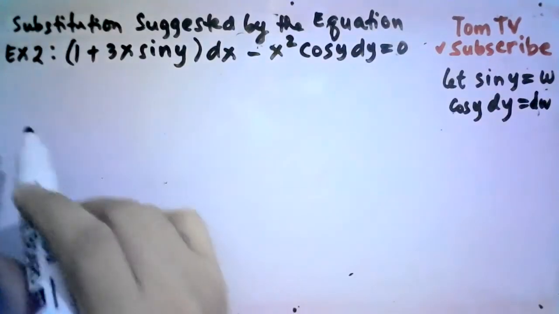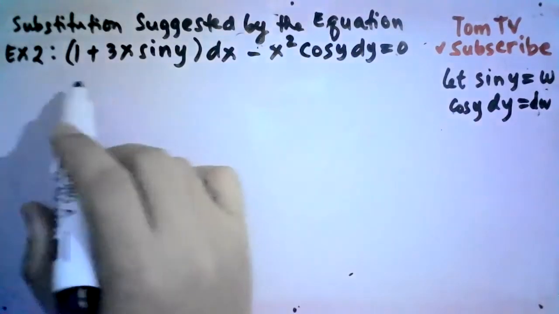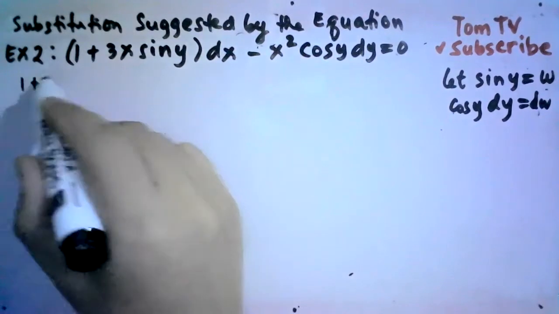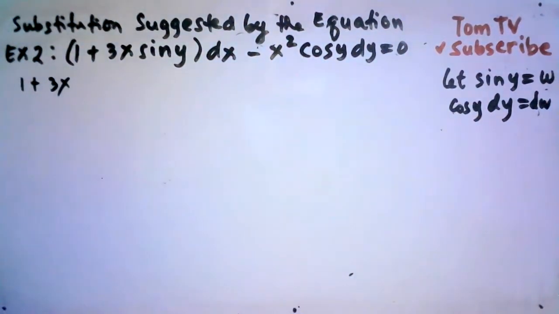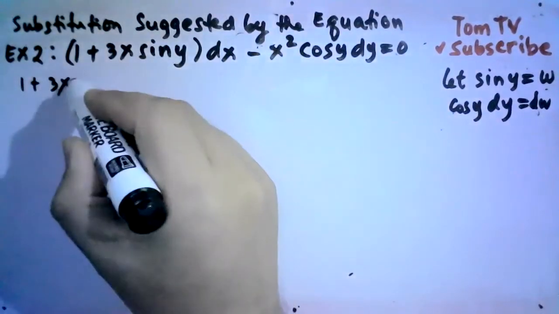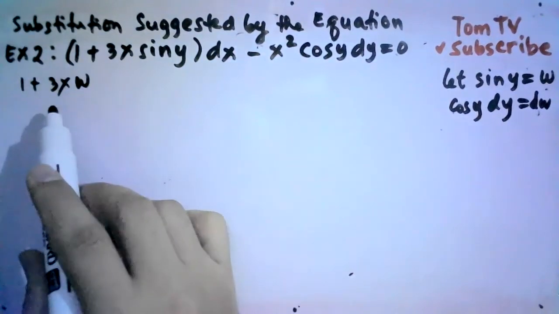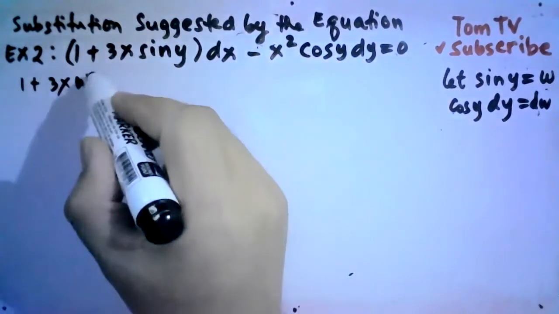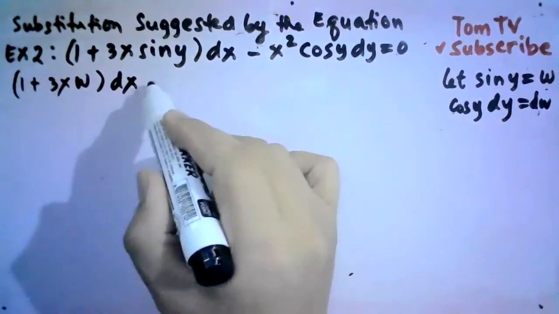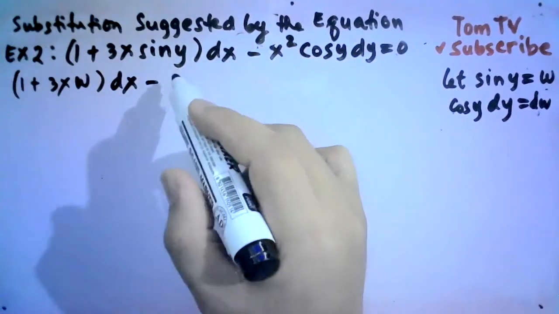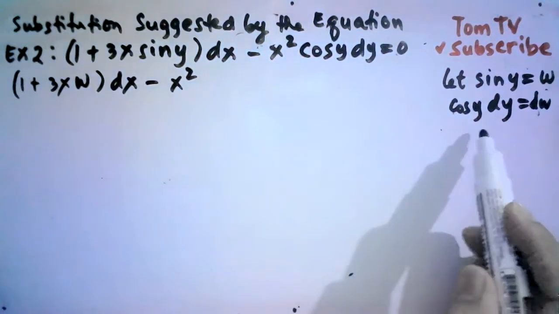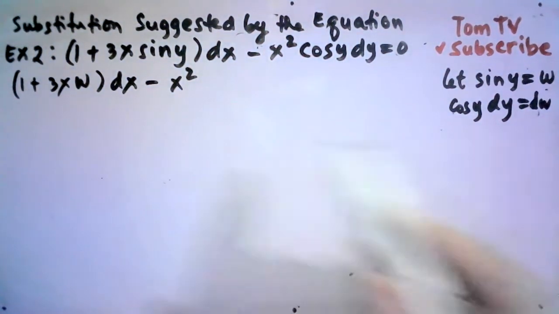So this time I will substitute. We have 1 plus 3x, and instead of sine y, we will make use of w. So we have 1 plus 3xw and then dx, and then minus x squared, we have here x squared, and then cosine y dy, is in terms of dw.